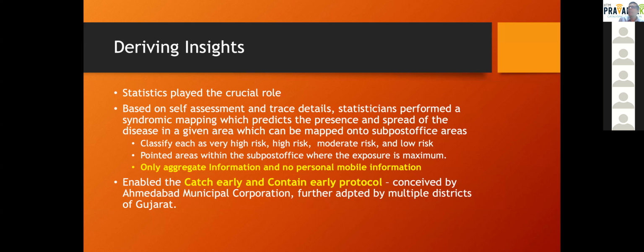And so what happened is across the country, we were in a position to say so much of area is there, so many of these areas are high risk, go and do some action there. We were able to give these types of pointers to the different state health departments. And this actually enabled what we call the catch early, contain early protocol, which was conceived by the Ahmedabad Municipal Corporation, and further this was adopted by multiple districts of Gujarat, right?